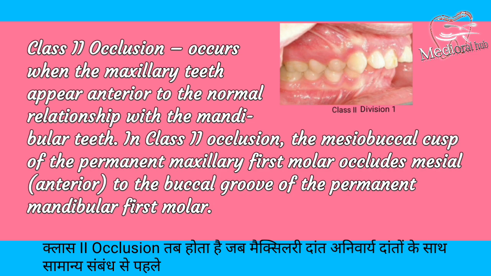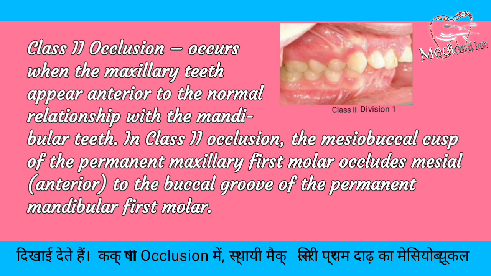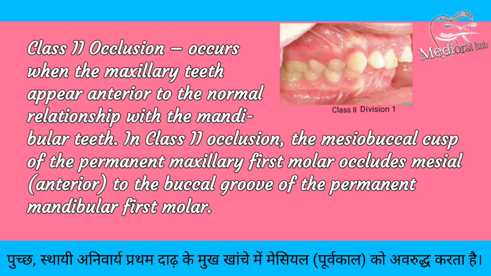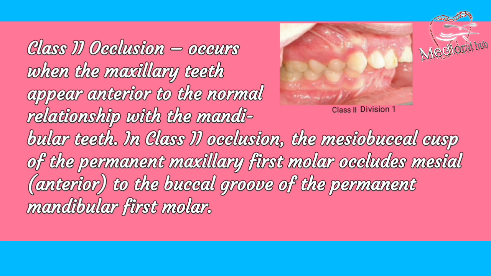Class 2 occlusion occurs when the maxillary teeth appear anterior to the normal relationship with the mandibular teeth. In class 2 occlusion, the mesiobuccal cusp of the permanent maxillary first molar occludes mesial, or anterior, to the buccal groove of the permanent mandibular first molar.